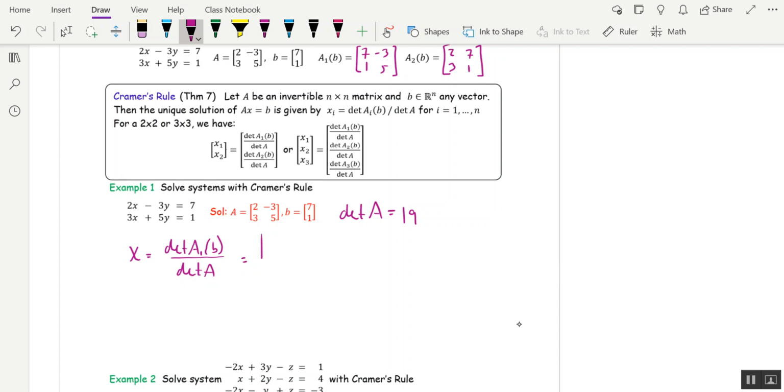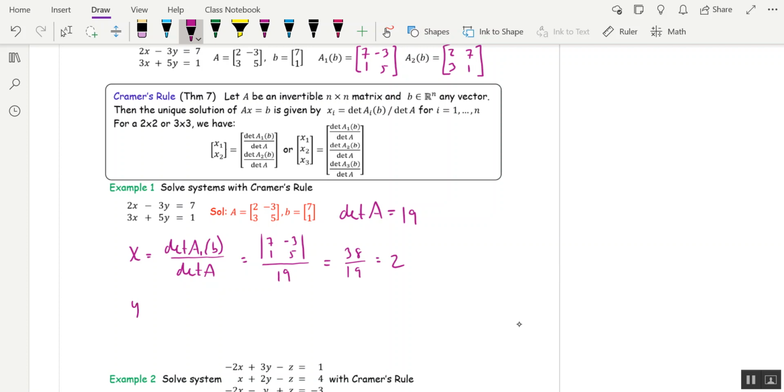We take the matrix A and replace the first column with B. So 7, 1, negative 3, 5. That's the notation for determinant. And then below, I'm just going to put 19 because we found determinant A is 19. Okay, 35 plus 3 is 38 over 19. It goes in twice.